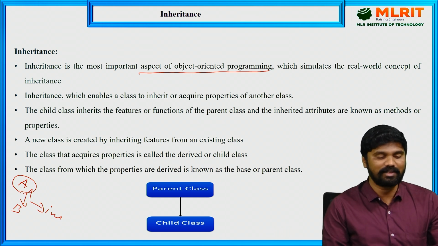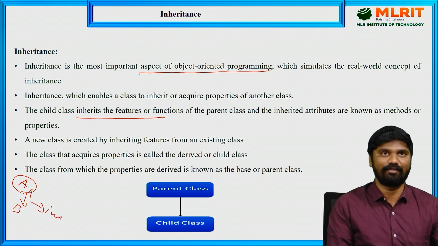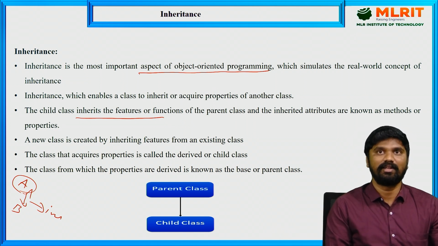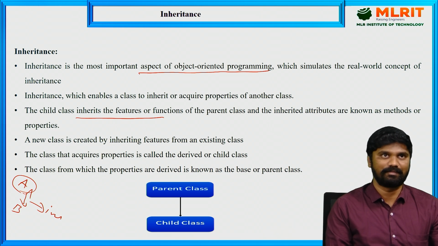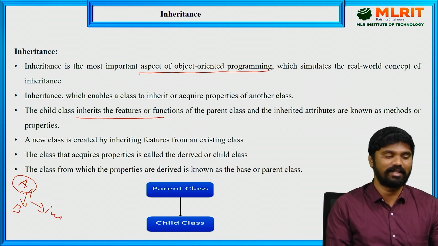Simply, inheritance means the child class inherits the features or functions of the parent class and the inherited attributes, that means methods or properties. So the child class inherits the features, functions, variables, and methods of the parent class. That is called the inheritance concept.